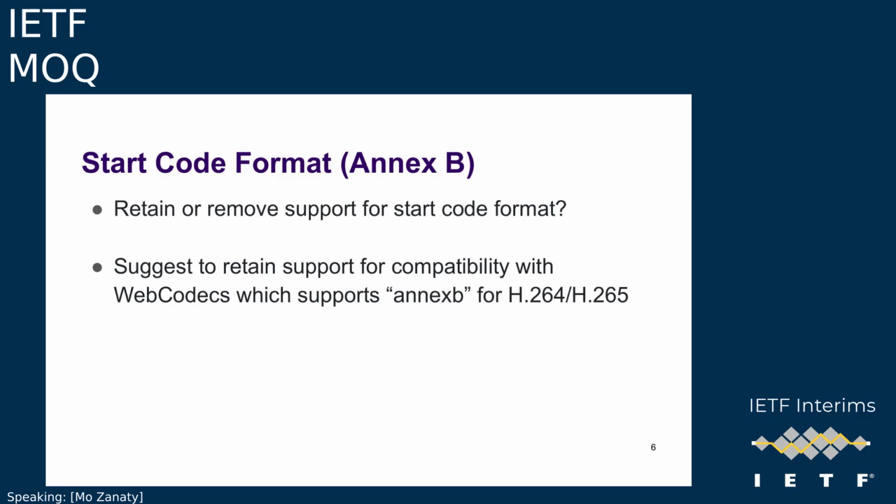Start code format. We're probably going to lose most people on this one because it's kind of deep in the weeds of the media format. But there are two primary formats that encoders output and decoders expect. One has length prefixes.